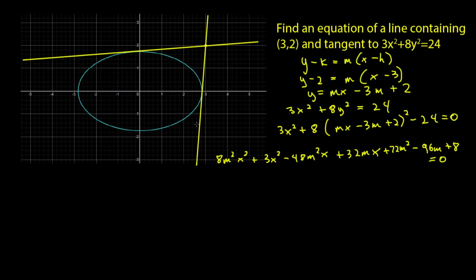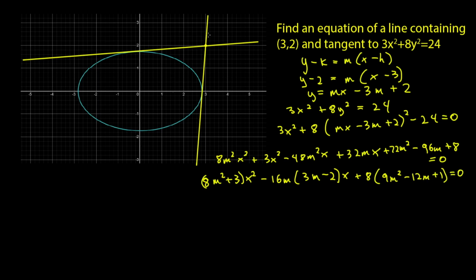So we're going to have (8m squared plus 3)x squared minus 16m(3m minus 2)x plus 8 times (9m squared minus 12m plus 1) equals 0.